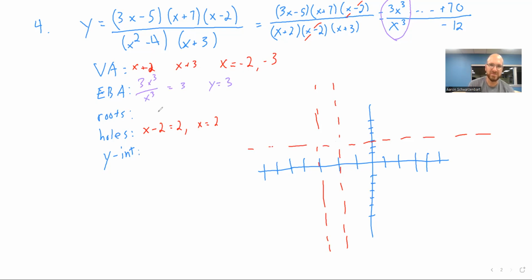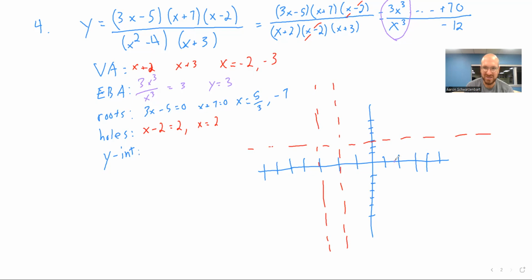My roots. Going to be my numerator. 3x minus 5 equals 0. That's x equals 5 over 3 when I solve it out. And x plus 7 equals 0. That's -7. I'm going to go put those on my graph.